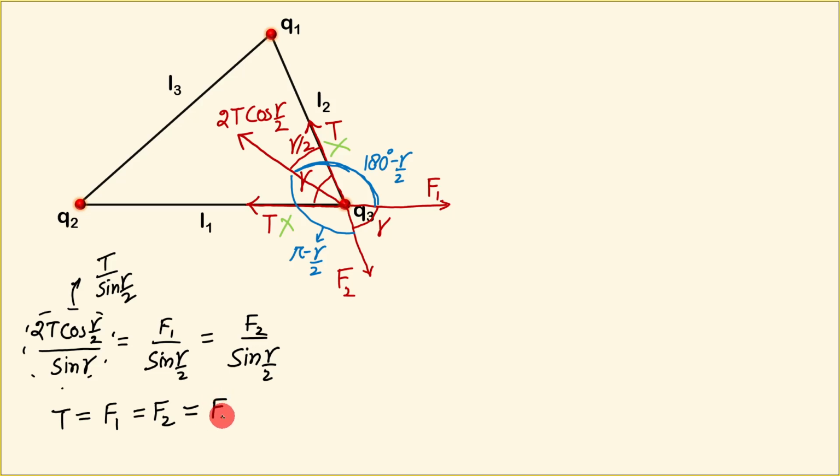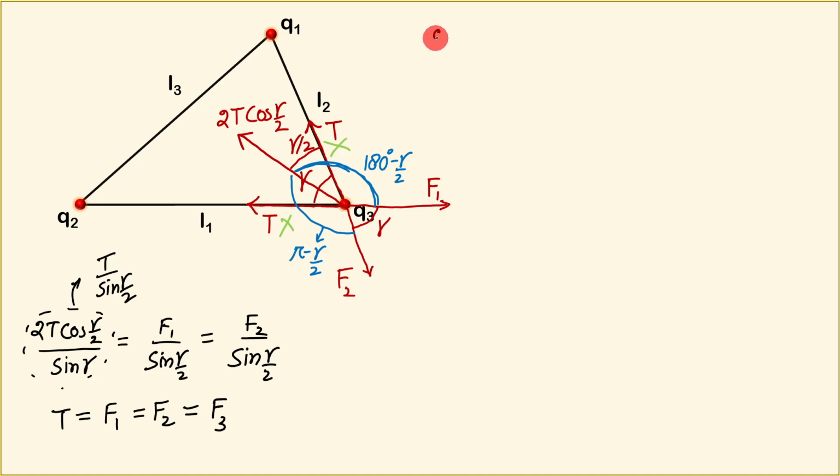So just using this analysis on only one charge, we can say that all the forces are equal in magnitude. If I write the equation of these forces, because these are Coulombic forces, F1 equal to F2 equal to F3, and the expression for F1 will be equal to K Q2 Q3 by L1 square. K is common, so we'll cancel it out.